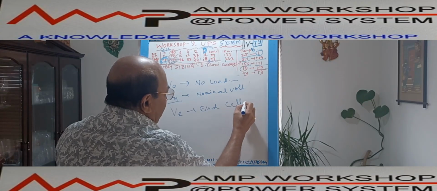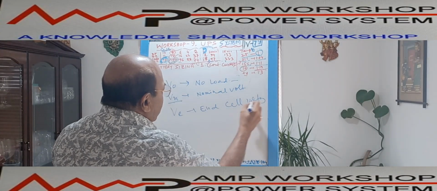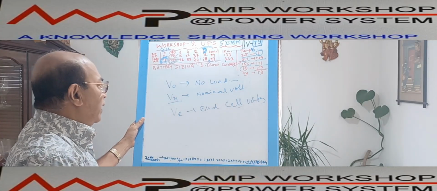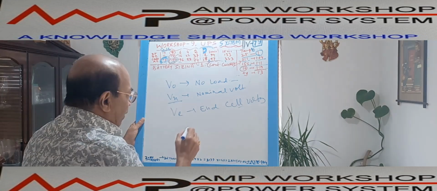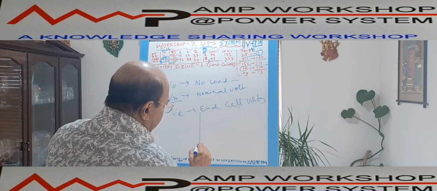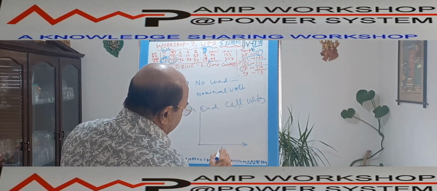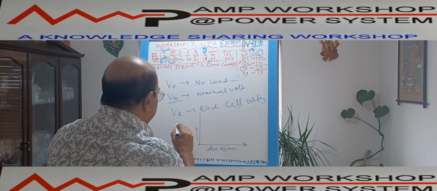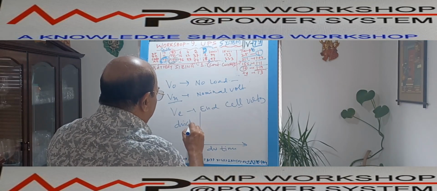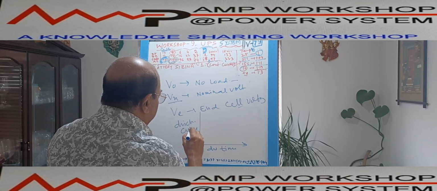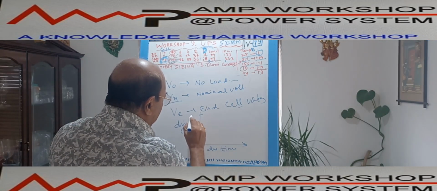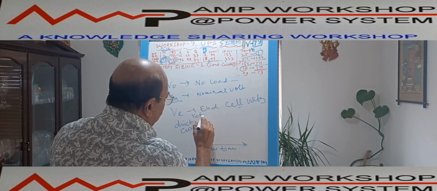Okay, these are the three voltages for any battery we need to know before going into the discussion of battery sizing. Suppose I draw the discharge characteristic, the voltage characteristic of the battery. This side is the discharge time and this is the discharge current. This voltage is called V0, the no load voltage.